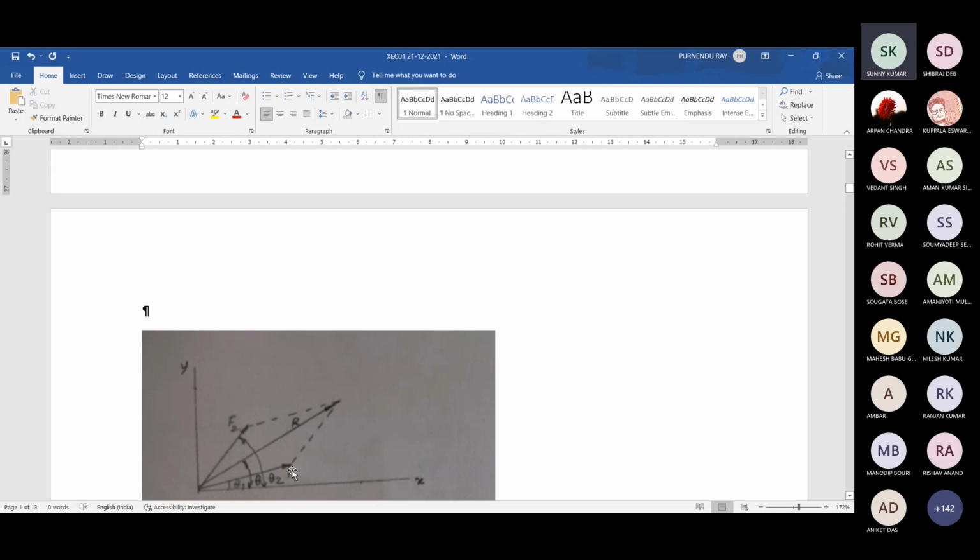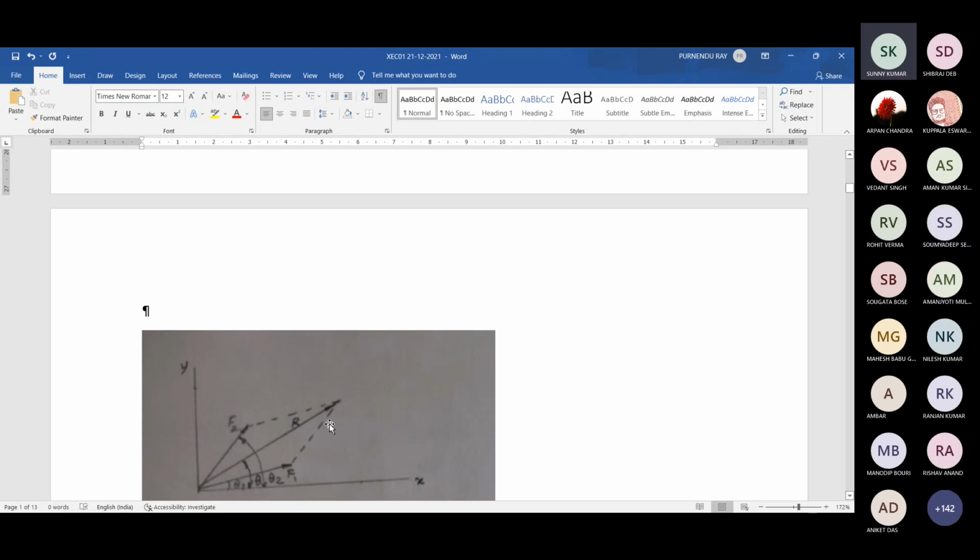If we drop a perpendicular from this end of F1 on the x-axis, I am not going back to those preliminary things, x-axis, y-axis, etc. Those prerequisites, I hope, are very clear to you and you can remember them very nicely. Then what about the projection of this F1 line on x? Projection means whenever you drop perpendiculars from its two terminals, the line joining the feet of the perpendiculars. It is F1 cos θ1.